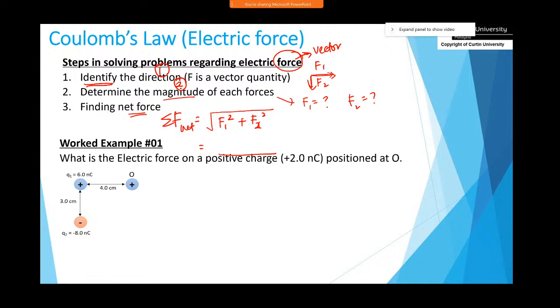What is the electric force on a positive charge which is positioned at point O? Which means if I put a positive charge here, what will be the electric force experienced by this positive charge? Let's follow the steps. Step 1, determine the direction.